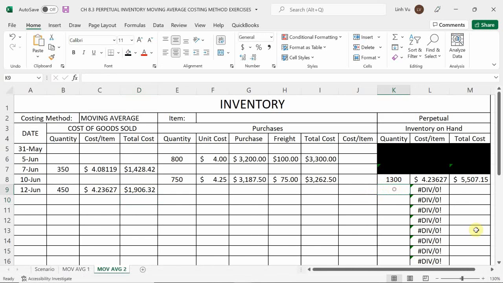So let's go ahead and subtract those numbers out because I no longer have 1,300 units, right? I sold 450 of them.